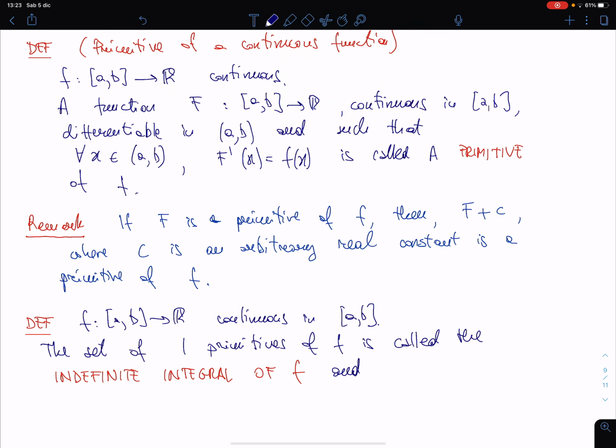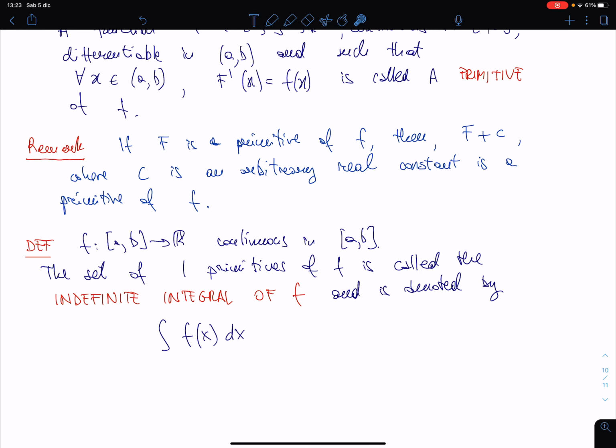It is like the symbol of integral that we already introduced, but it has no intervals here.